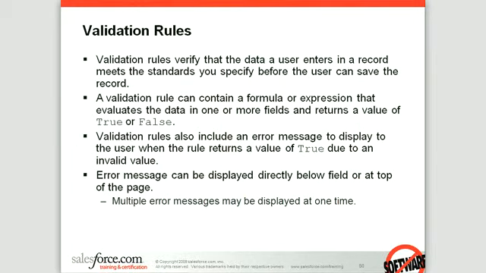All right, validation rules. Our final topic for today is validation rules. Validation rules allow us to do error checking, or to define some sort of condition where we can prevent the write of the data to the database if it doesn't meet our criteria, or if it does meet our criteria, actually.